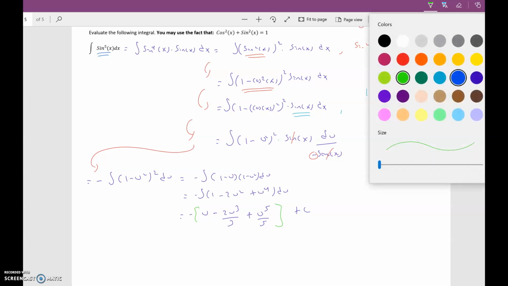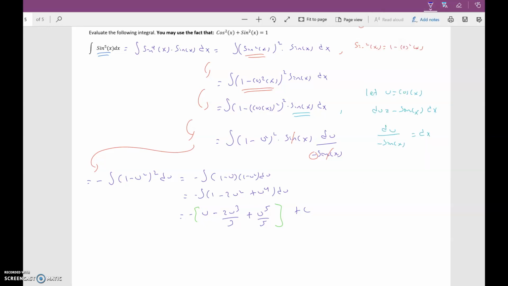So multiplying the negative, it's going to give us negative u plus 2/3 of u to the third minus u to the fifth over 5 plus c.